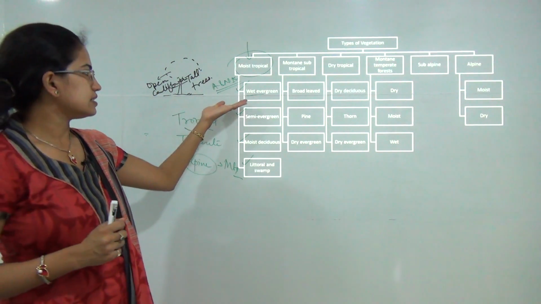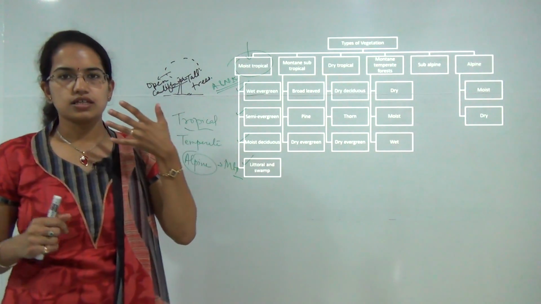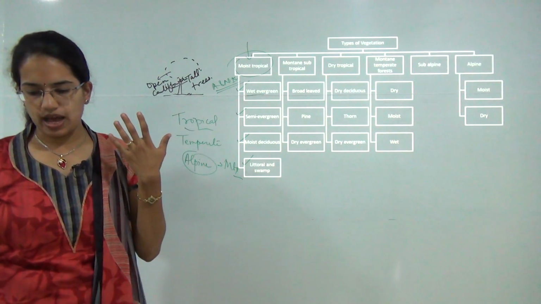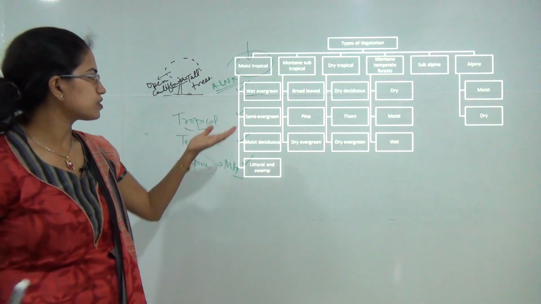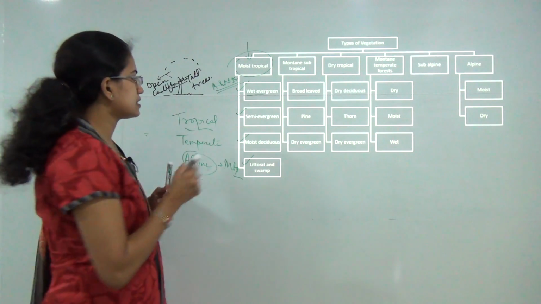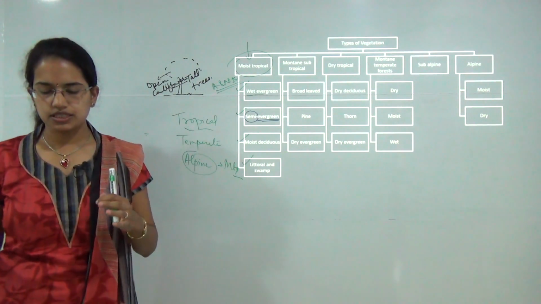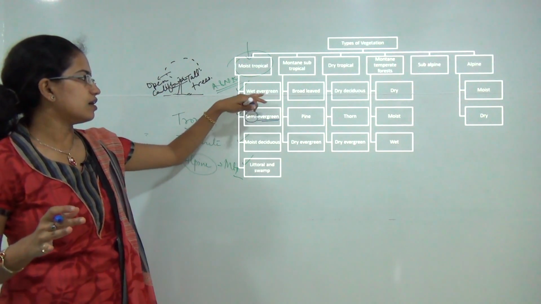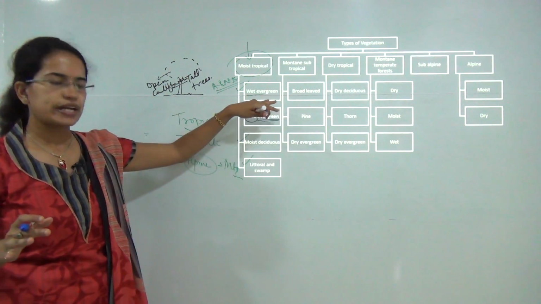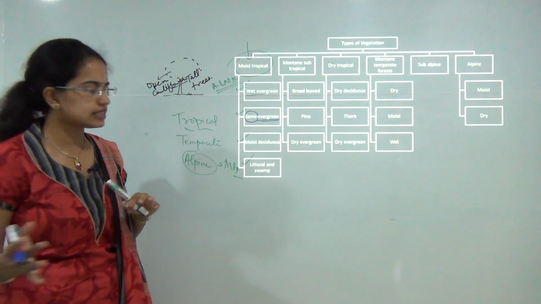The common trees under wet evergreen would be jackfruit, betel nut, jamun, then you have palm and mango. These are some of the common trees that you will find under wet evergreen. The next is semi-evergreen. As the name suggests, it is less dense than the wet evergreen forest, found in the regions of the Western Ghats and Eastern Himalayas.